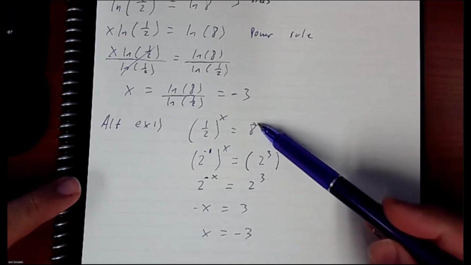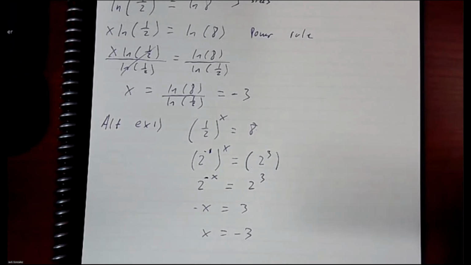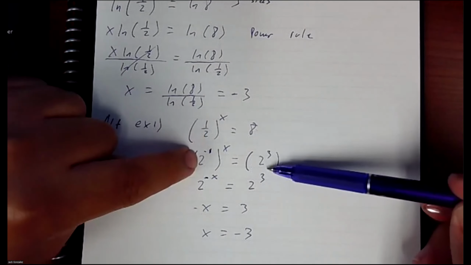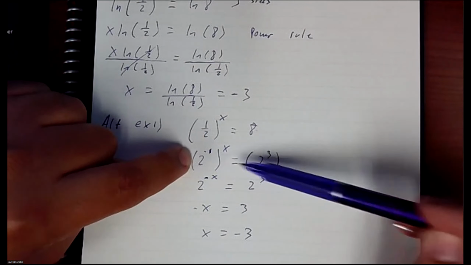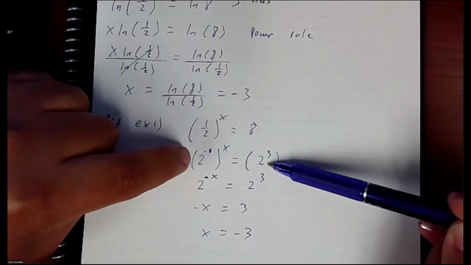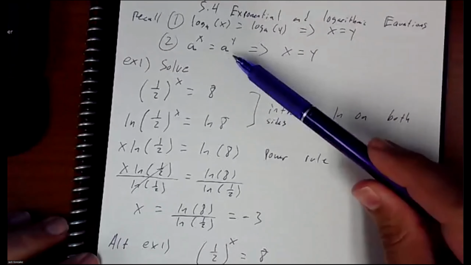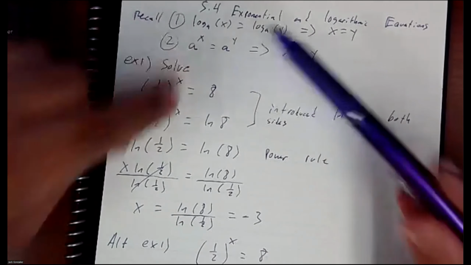So when you are able to match the bases, this is what you're supposed to do. But this only works if you can change them, if you can force them to match. What if this was like a 3 and this was a 7? So now they're not going to be the same, right? So here I use rule 2 because I got matching bases.